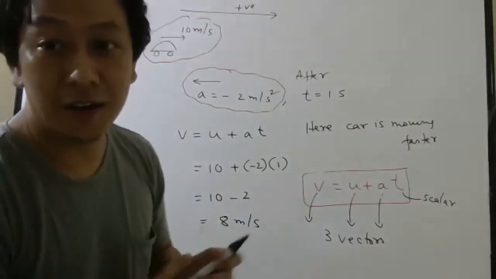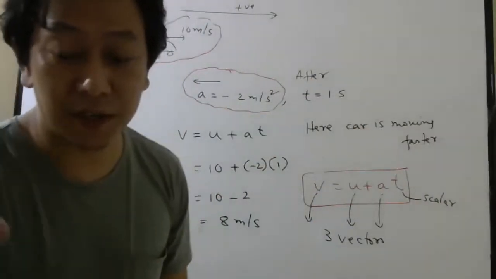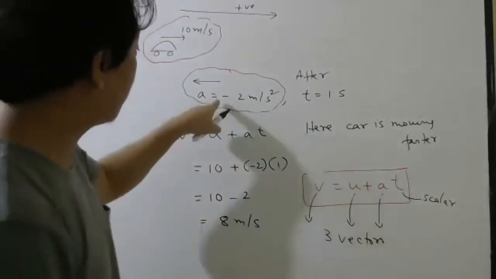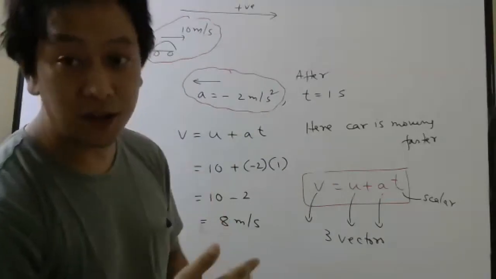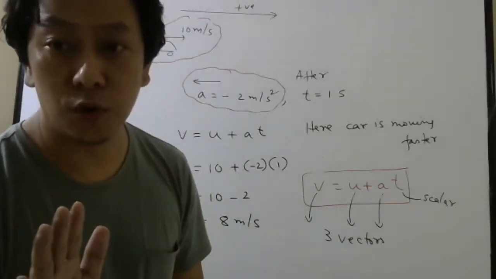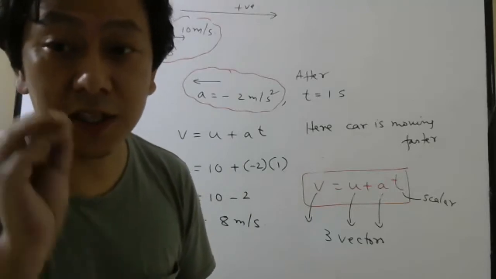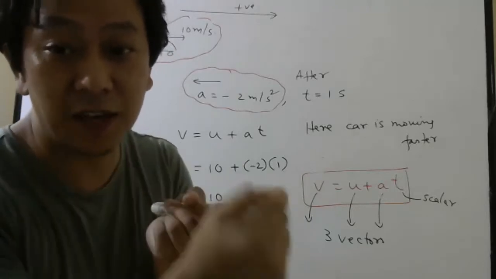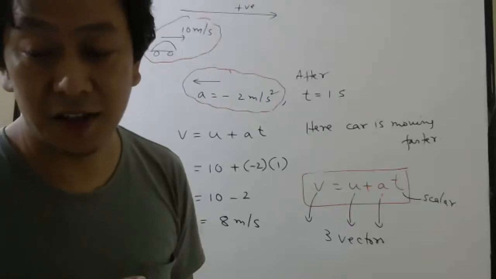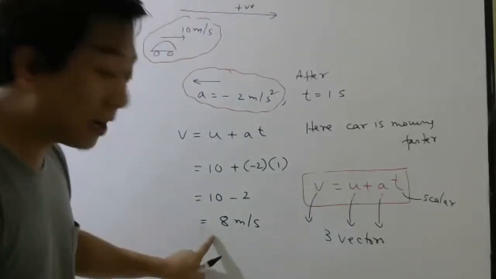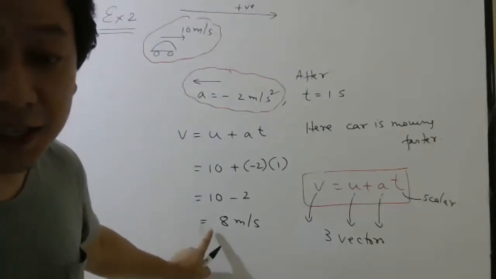Very important, so just stop writing. Many students I have seen think that if acceleration is this side, the body is moving this side. No. It depends on where the velocity is. Velocity tells you whether it is going this side or this side, not acceleration. Acceleration tells you about the change in velocity. After calculating the final velocity, it came positive.